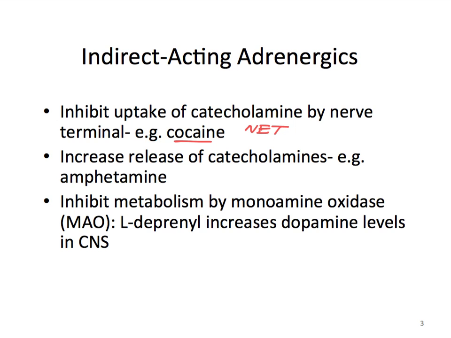We also have drugs that will increase the release of catecholamines, and amphetamine is an example of this. Occasionally, this drug is used to try to increase alpha, particularly alpha receptor agonism, to increase attention in a dog, or sometimes to increase the urinary sphincter tone. But these are rarely applied this way because of obvious potential abuse.